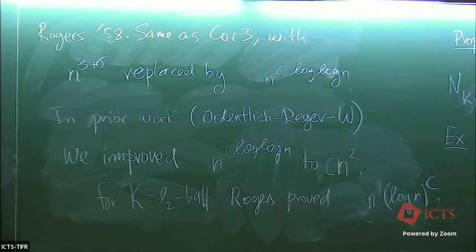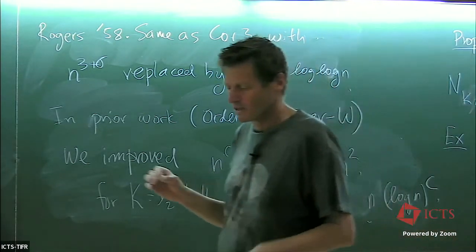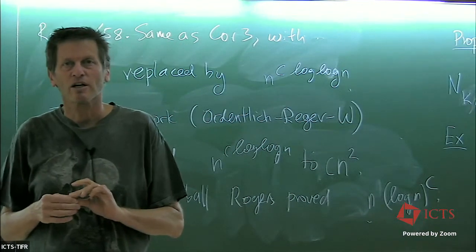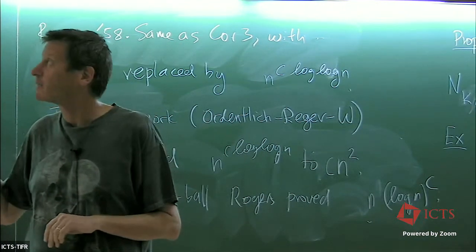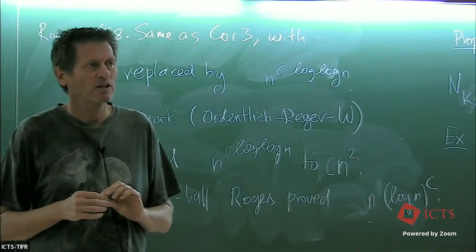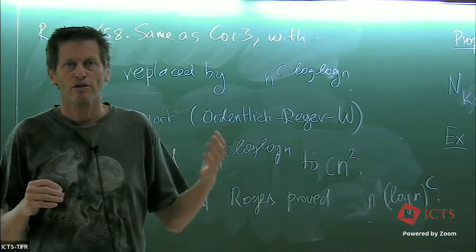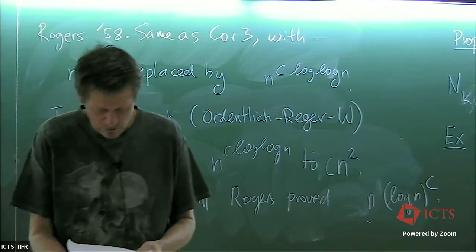In fact, Rogers and Schmidt and a bunch of people were very caught up in this back in the 50s, and they were publishing papers just about improving the Cs. Quite a number of papers. So this was very, very well studied. And then it was left aside because there were no improvements. And maybe, depending on time, I'll be able to tell you a little bit about why we were getting improvements all of a sudden over these old papers of Rogers.